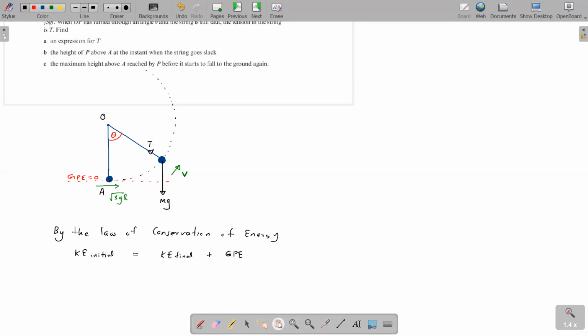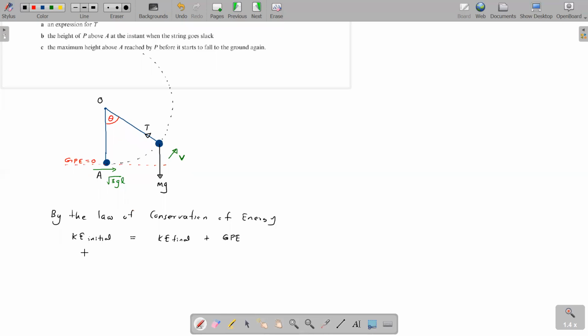You can go with that or just substitute. Let's go with half mv squared. So half m, the speed here is root 3gL, and you square that. Equals the final kinetic energy, half mv squared, plus GPE.